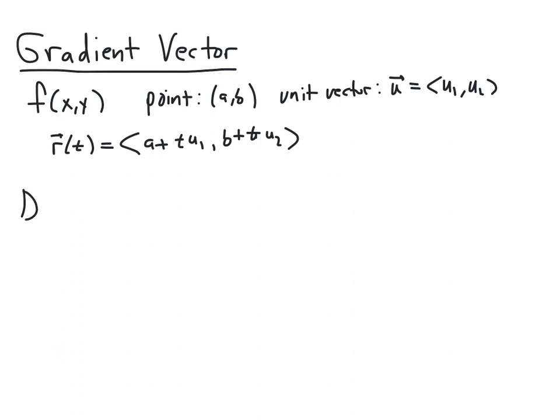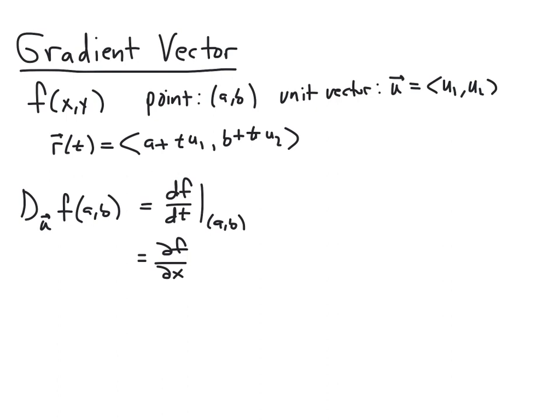So our directional derivative, by definition, is the derivative of f with respect to t evaluated at the point (a, b). And we can just go through a couple layers of computing this. We did use the chain rule in the previous video to compute df/dt, and we saw that it is equal to del f/del x, evaluated at the point (a, b), that's a function of two variables, multiplied by dx/dt.